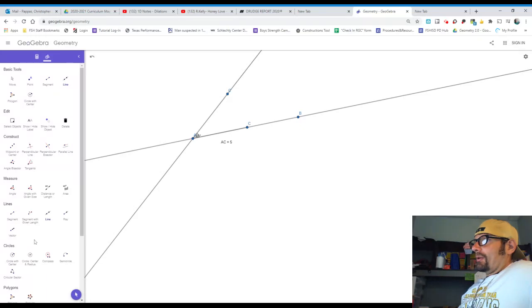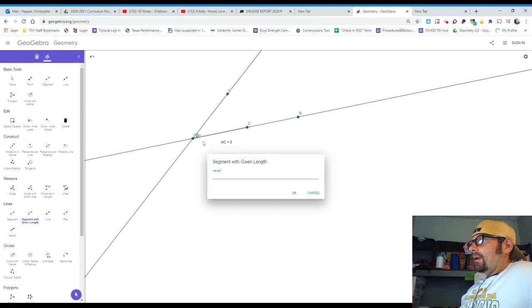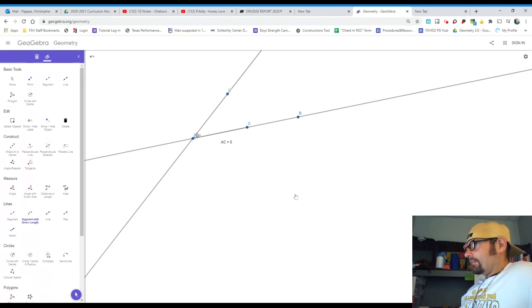And now let's do another segment with a given length, and let's do a segment with a length of 3. So segment with given length, we'll hit this button down here, click point A, and this segment will have a length of 3. All right, and we'll move point D to where it's along this angle.